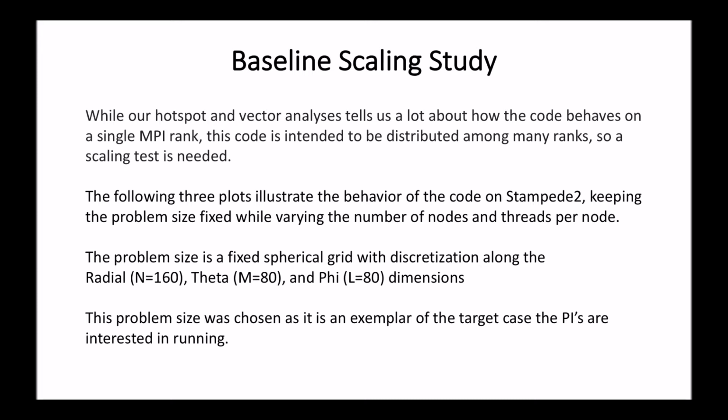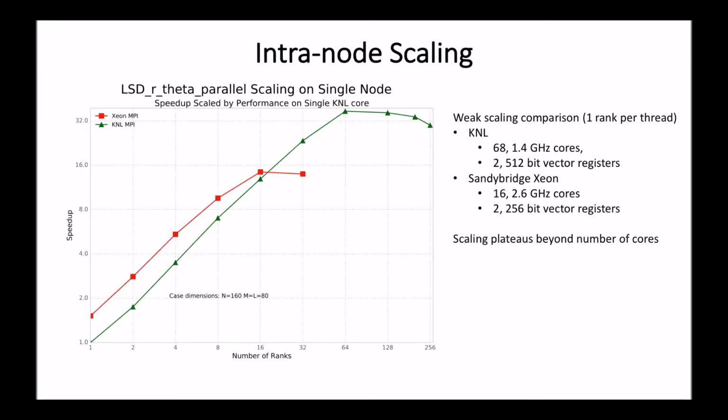This was presented as an exemplar of the target case that the PIs are ultimately going to be running. So our first plot was computed on a single node, both on a KNL core, and I also ran it on Sandy Bridge Xeon for a comparison.